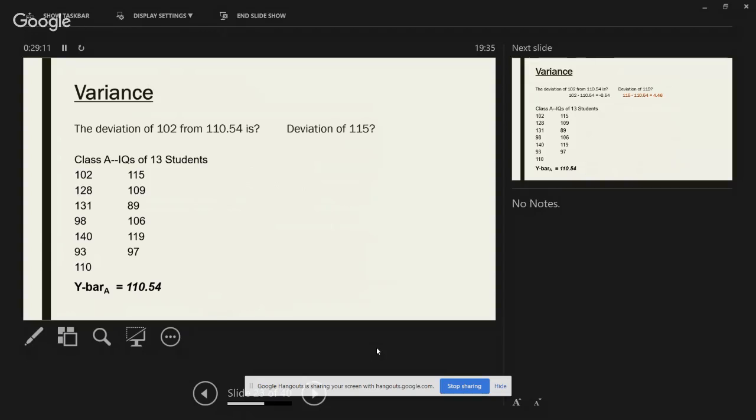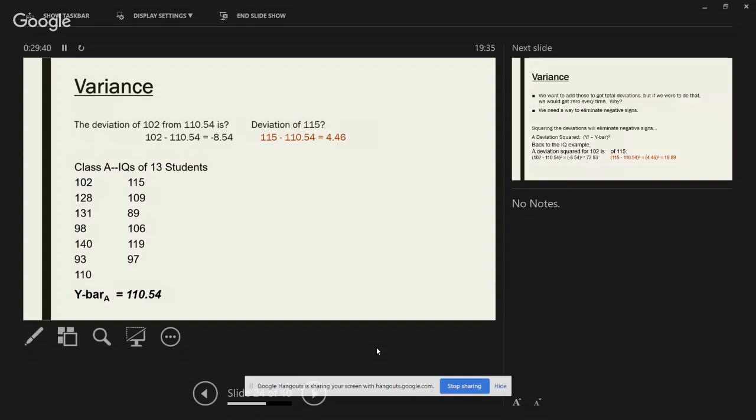Now suppose we want to calculate the deviation of 102, which is the IQ of one of the students in class A, from 110.54. Now 110.54 is the mean value here, which we have already calculated for class A. So the mean IQ for class A is 110.54, and we want to calculate the deviation of the student with the IQ 102 and the student with the IQ 115.